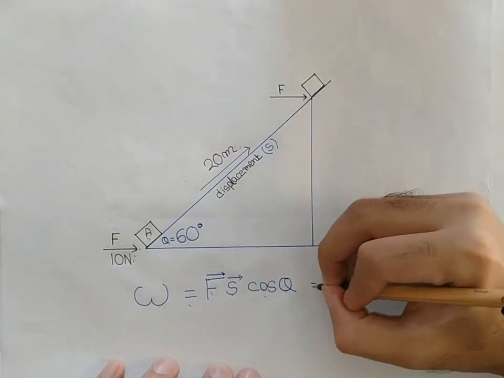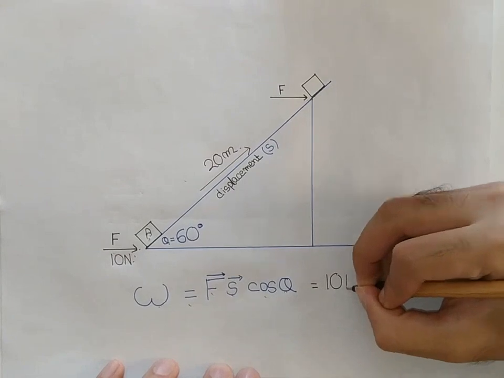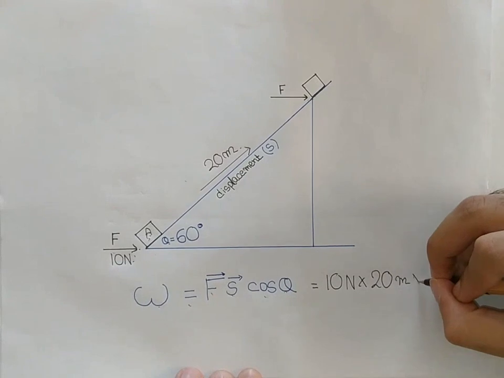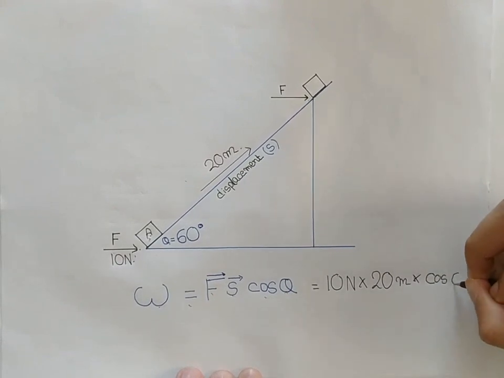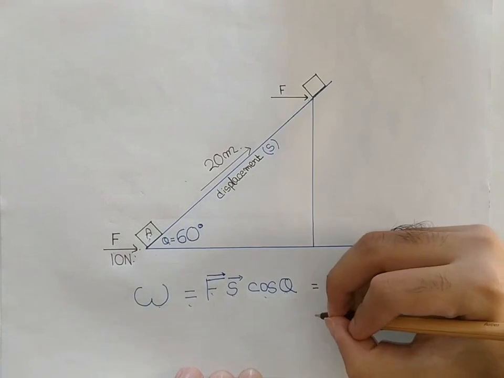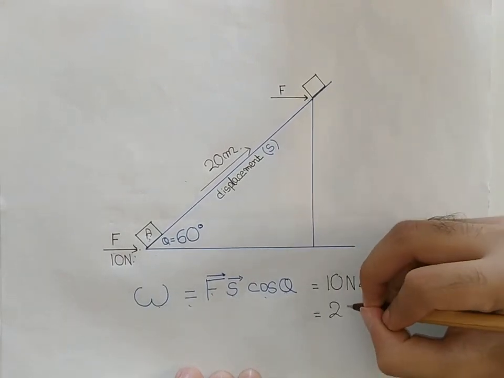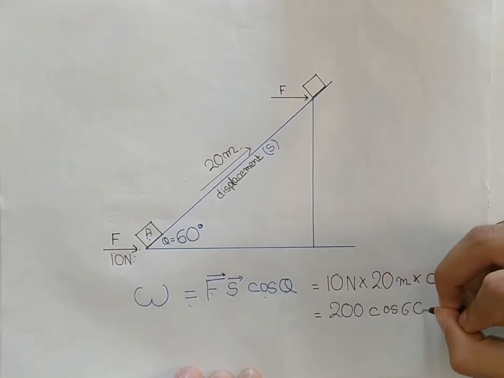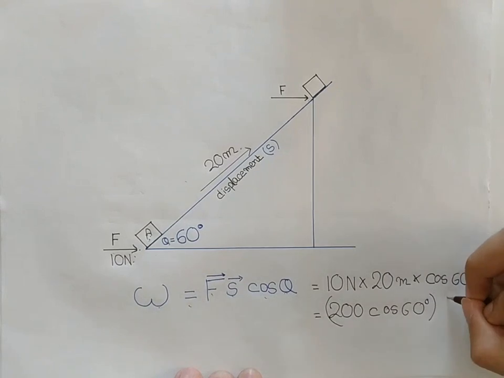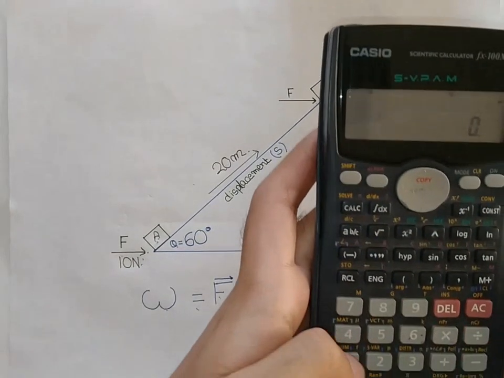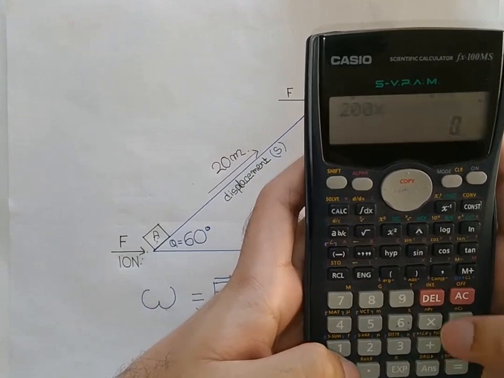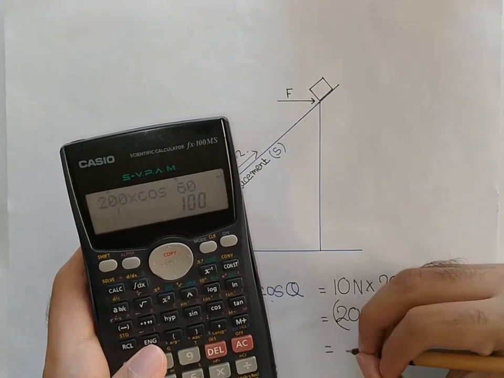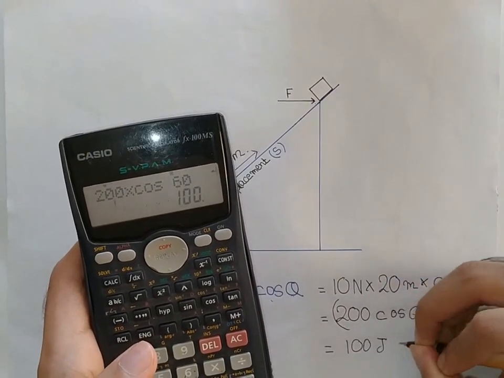So work done will be 10 Newton into 20 meter into cos 60 degree equals to 200 cos 60 degree joule. 200 into cos 60 equals to 100. That means work done is 100 joule.